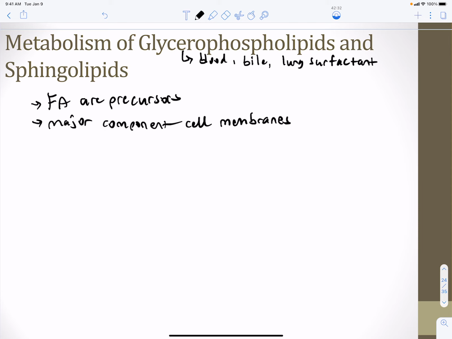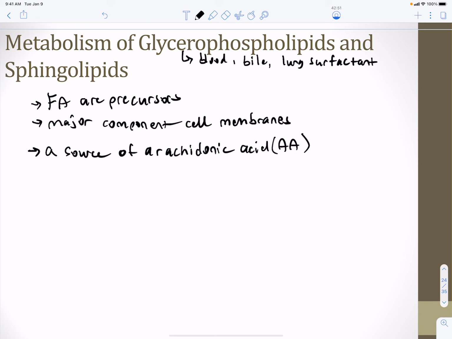And they are also a source of polyunsaturated fatty acids, especially arachidonic acid, which is usually at the C2 position. And arachidonic acid is a precursor for things like prostaglandins, thromboxanes, and leukotrienes.